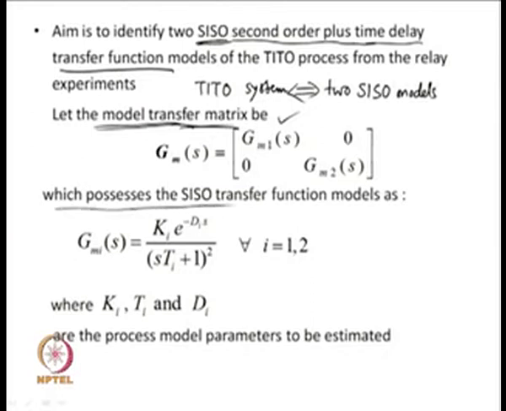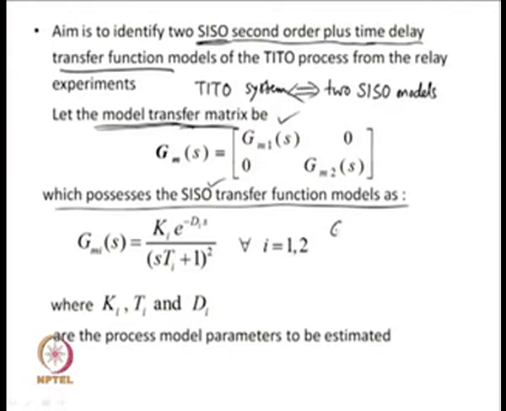One can choose the single input, single output transfer function models to be of the form G_Mi(s) = Ki e^(-Di s) / (Ti s + 1)^2, for all i equal to 1 to 2.